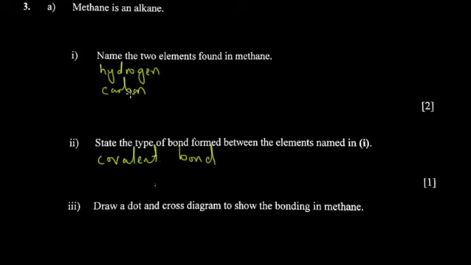If the difference is more than 0.6 and less than 1.7, it will be covalent but polar. If it's less than 0.6, it means it's covalent and non-polar. Non-polar compounds are symmetric, so you can draw a line of symmetry.